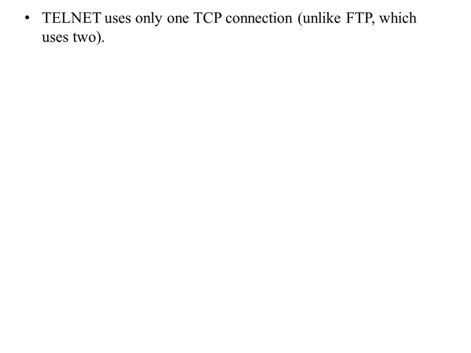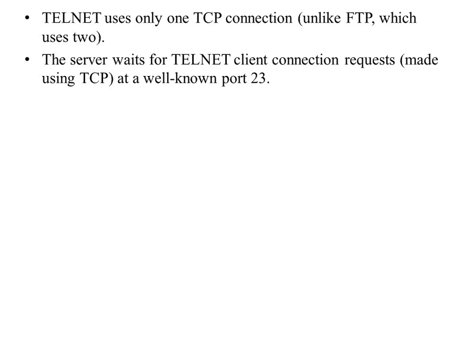Technically speaking, Telnet uses only one TCP connection, unlike FTP, which uses two TCP connections. Here it uses only one connection. The server waits for the Telnet client connection request at well-known port 23.